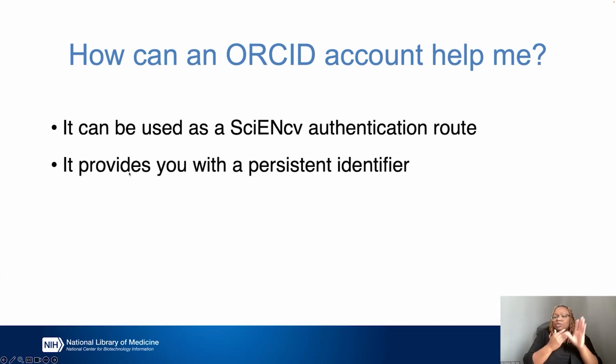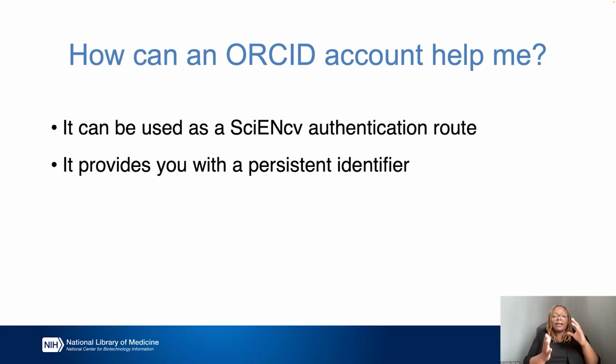The ID part of it is it provides you with a persistent identifier. Extremely helpful for researchers, particularly if you have a common name or if your name changed at some point in your career. Having a persistent identifier makes it really easy to find all of the things that you've published. It comes in handy when you're publishing. Many publishers now accept these ORCID identifiers.